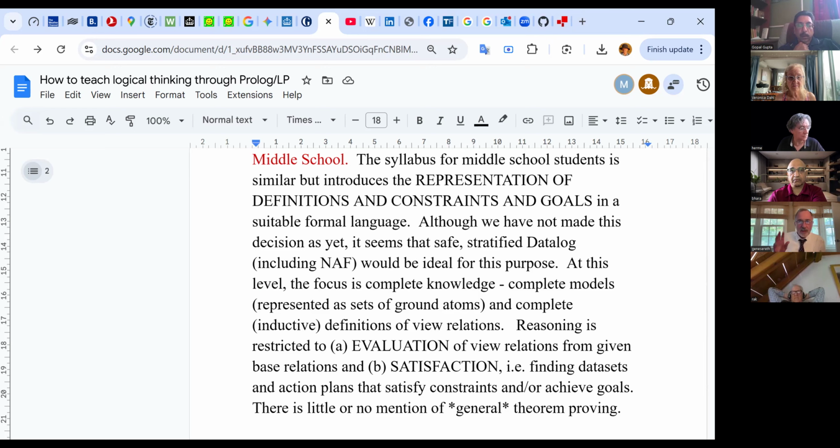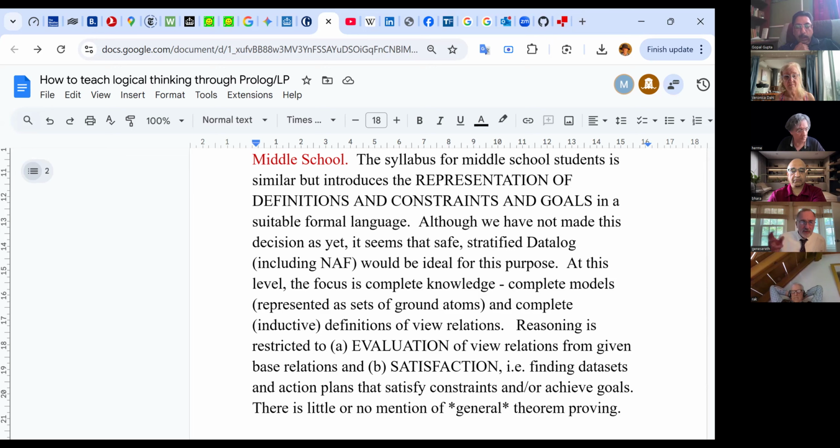And although it's not clear what that formal language should be, our inclination is to make it something like Datalog, safe, stratified Datalog, including negation as failure, importantly, because that's the right way to define fully defined concepts in terms of other concepts, grandparent in terms of parent, that sort of thing. So we are looking for them to formalize that stuff and then to begin to treat those definitions and constraints and goals as data, no longer just treating them informally, but they become the data.